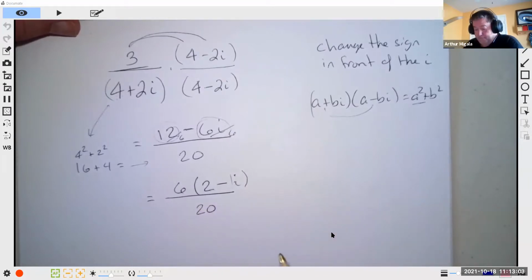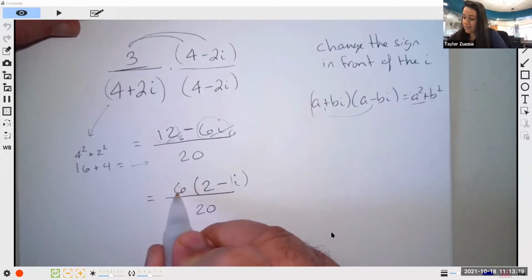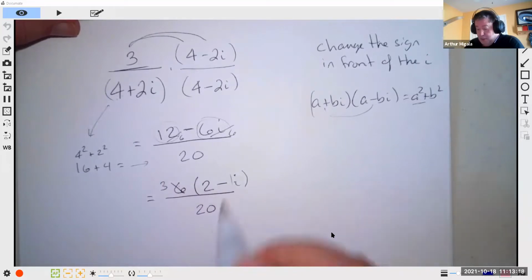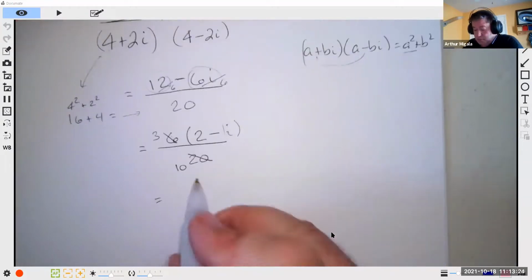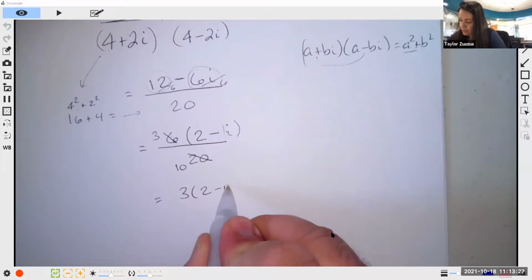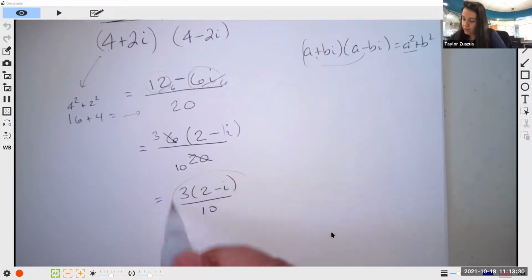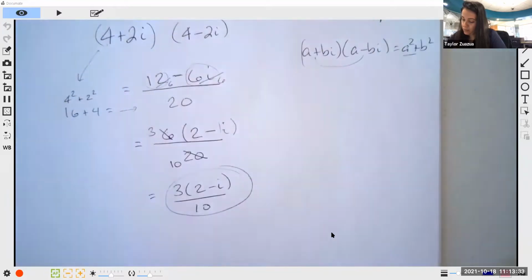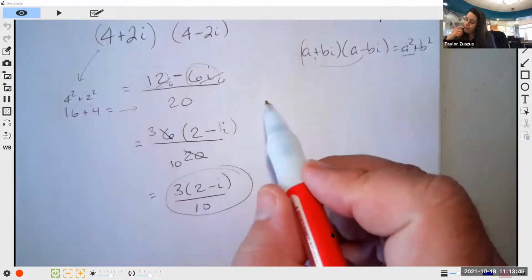Over 20. Now what do 6 and 20 have in common? 2. 2 goes into 6 three times. 2 goes into 20 ten times. So 3 over 10.